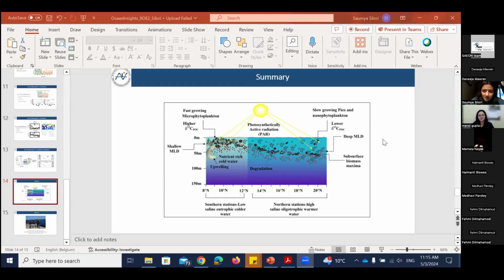So I'm not sure if it really depends on the source or the community of the phytoplankton, but with degradation there seems to be an influence irrespective of the community.